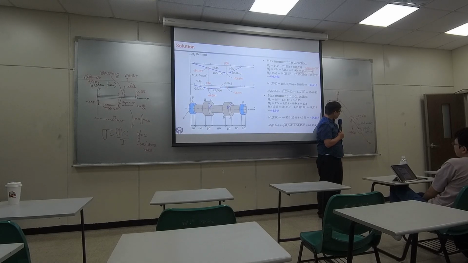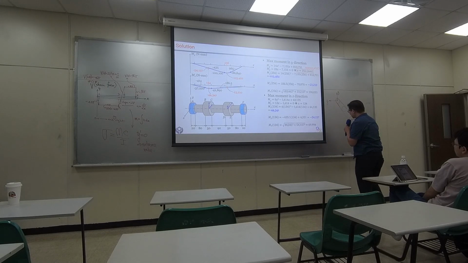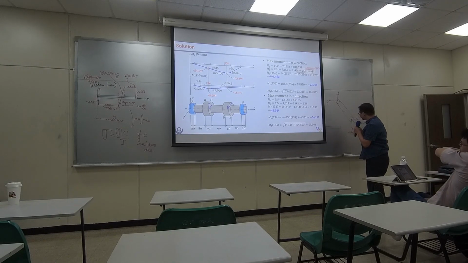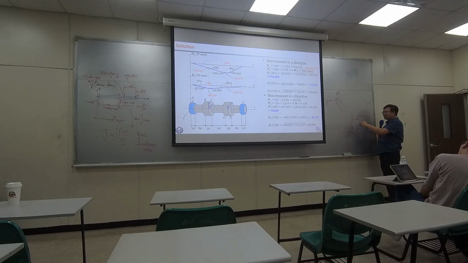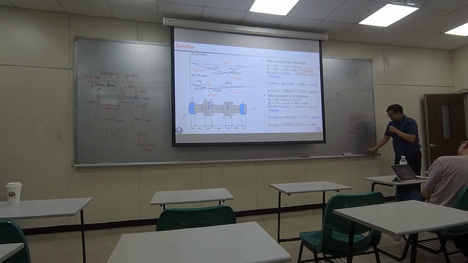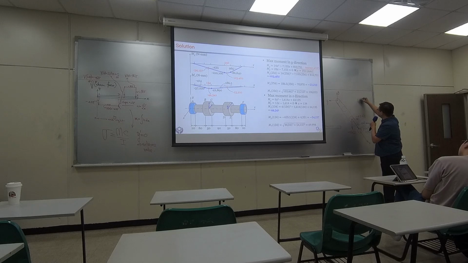So what does that mean? That means it's not bent along y, it's not bent along z, it's bent along an angle. If you visualize from the side, this is z, this is y.